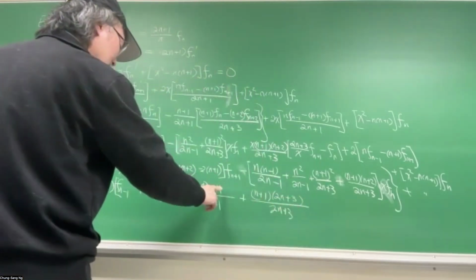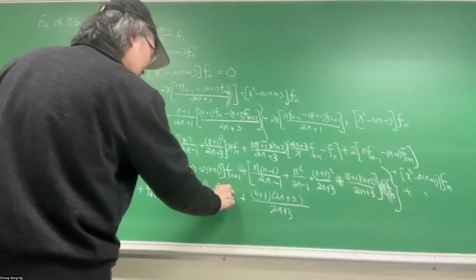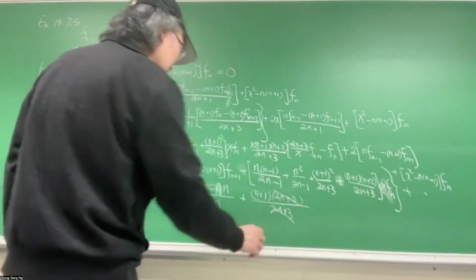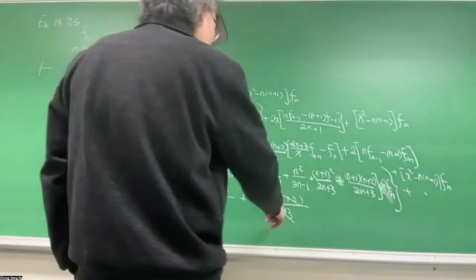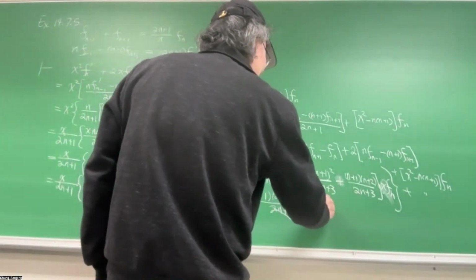Oh, yeah. This one actually you can pull the n out. 2n minus 1 times n. But this one cancels with this one. This one cancels with this one. Right. Oh, that's not too bad. Times Fn.